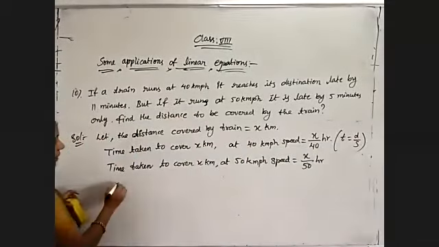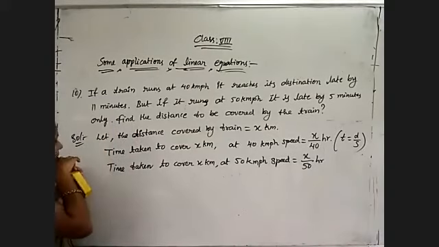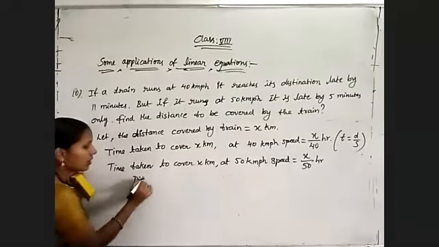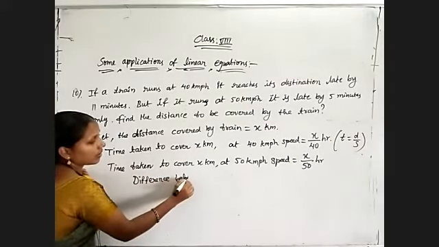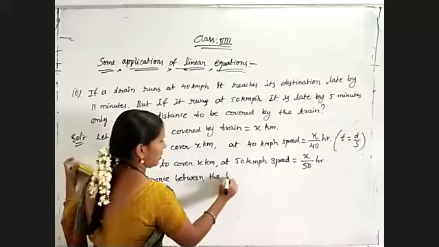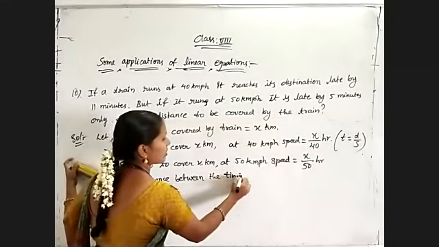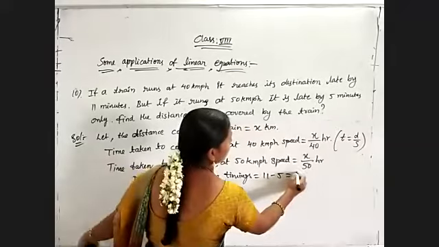Now they are given difference, 11 minutes late and 5 minutes late. So difference between the timings is equal to, both are late only, 11 minus 5, which is equal to 6 minutes.